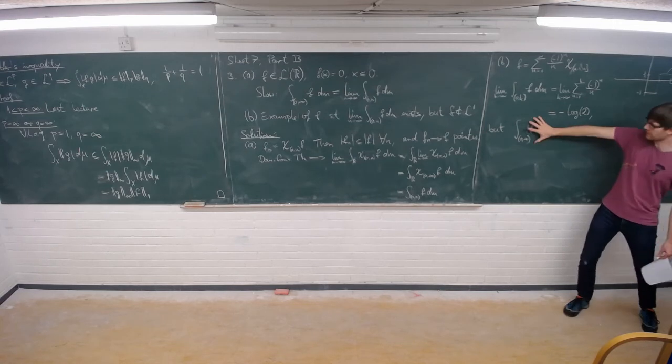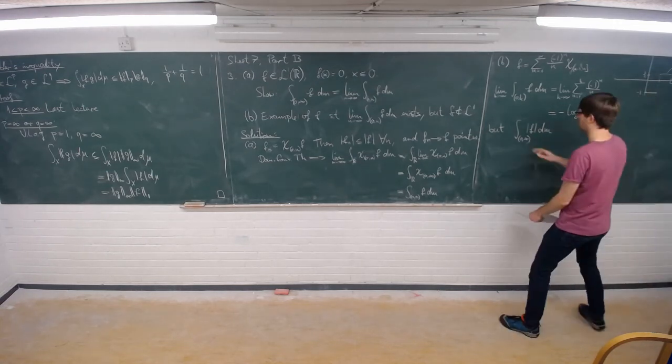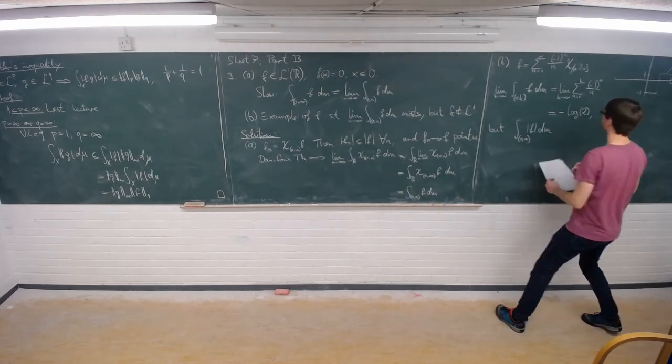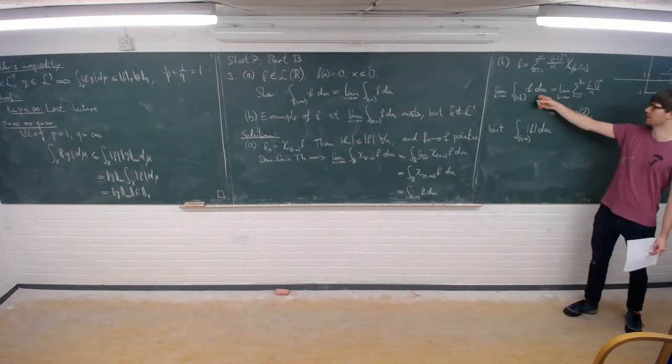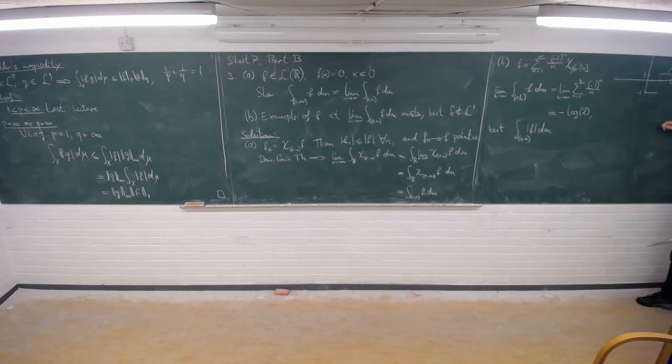So if this is infinite, then f is not in L1. Okay, but we can just compute this by the same reasoning as above. The absolute value of f looks like this, but all the steps are positive.